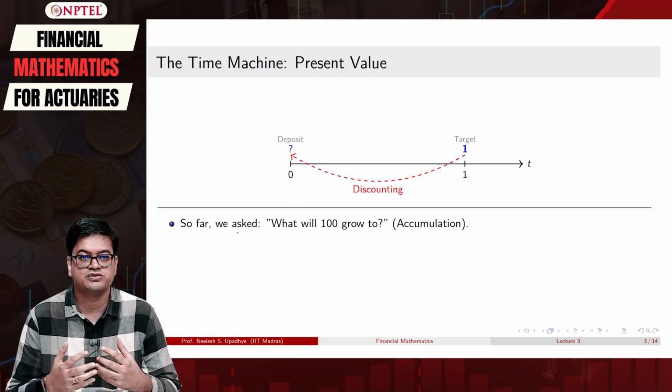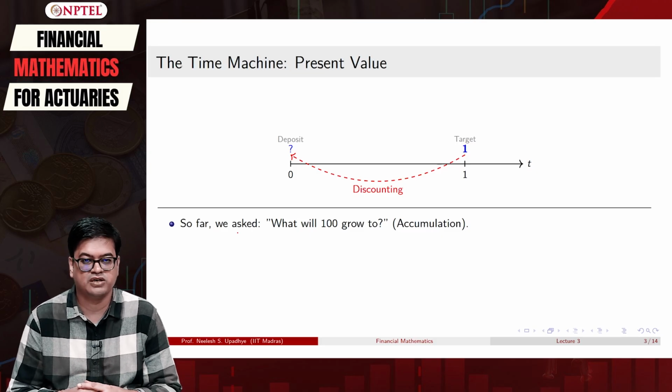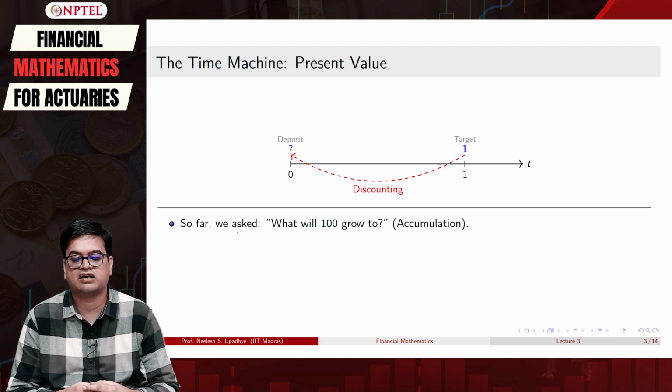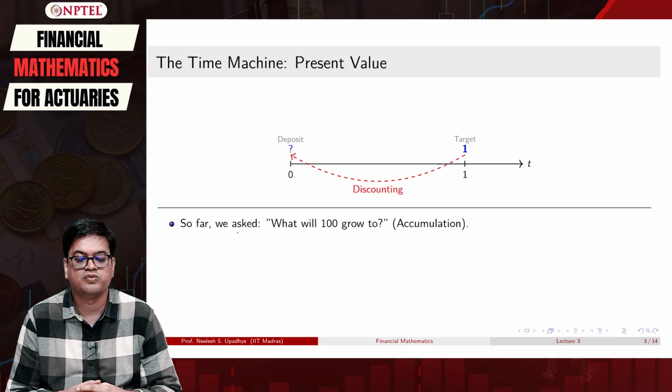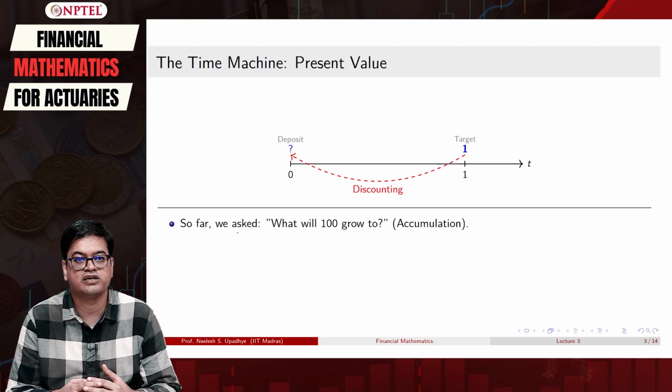Then how much should you invest, right? That is where this notion of present value comes. So imagine I have a target of 1 unit at the end of period 1. Then we can ask, how much can I deposit right now in a bank to get 1 at the end of period 1?